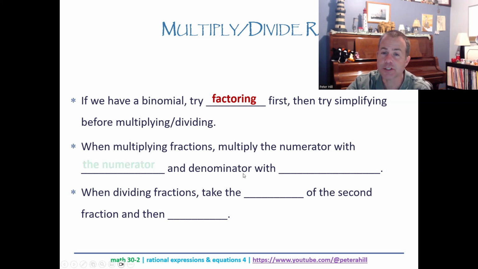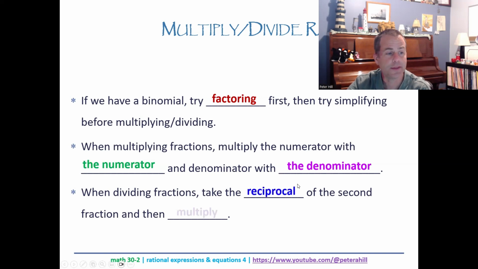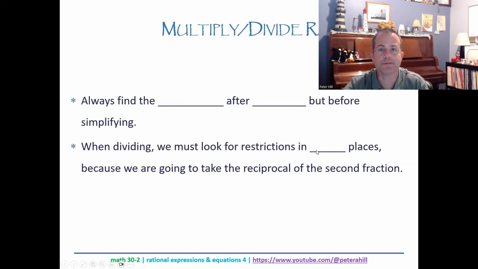When multiplying fractions, multiply numerator with the numerator and denominator with the denominator. When dividing fractions, you want to take the reciprocal of the second fraction and then multiply. Awesome. Always find the restrictions after factoring, but before simplifying, right?